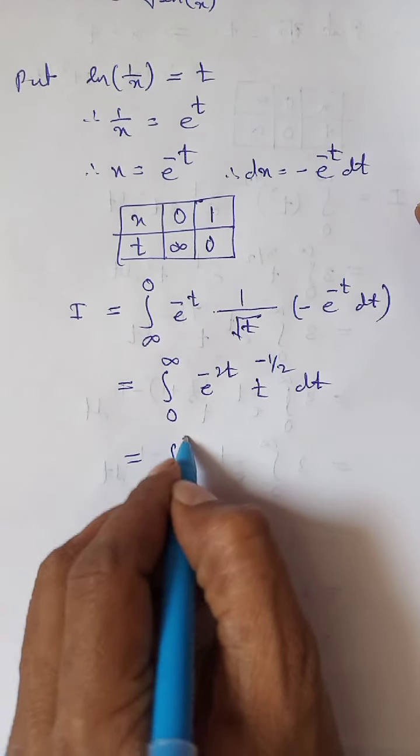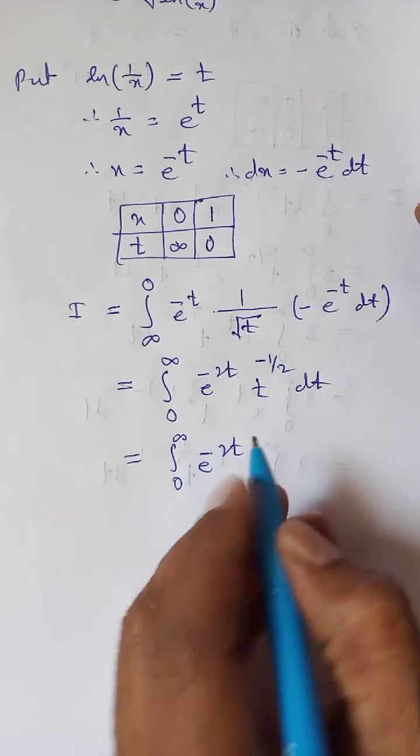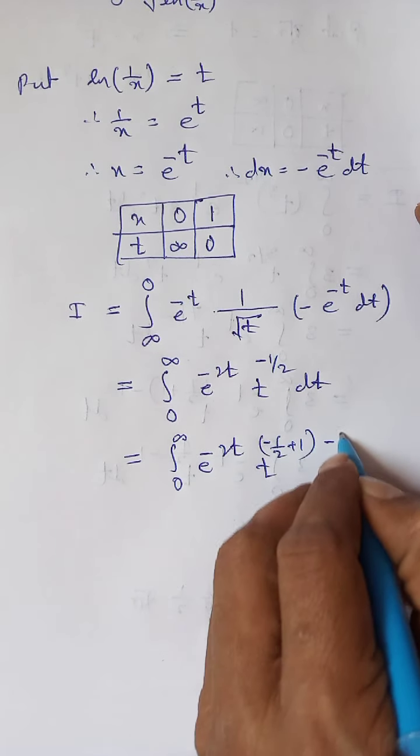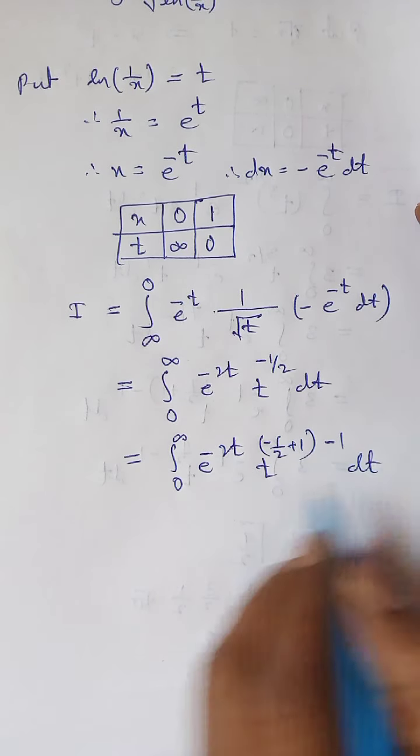So it is integral from 0 to infinity e to the power minus 2t, t to the power minus half plus 1 minus 1 dt. So it is integral from 0 to infinity e to the power minus 2t, t to the power half minus 1 dt.